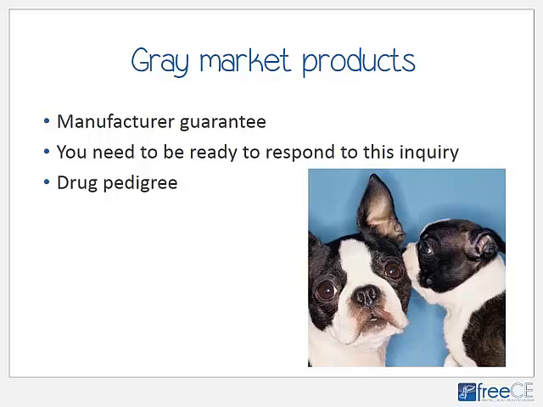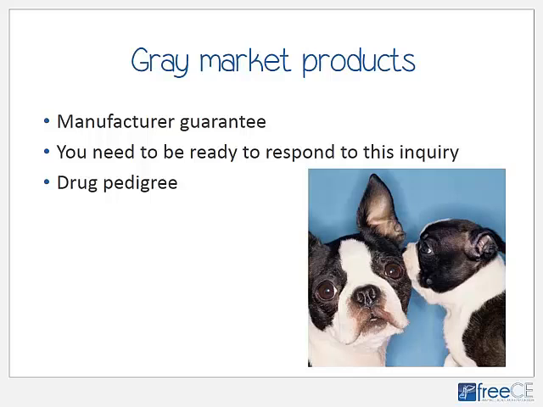This product diversion can result in incorrect shipping and storage conditions, which can affect the efficacy of the medication. Consequently, manufacturers no longer honor the product guarantees that they usually provide. For example, if you buy Revolution from your veterinarian and your pet gets heartworm while on the treatment, Zoetis, the manufacturer, will help pay for the treatment. If you get the same product from an online or big box pharmacy, they will not.